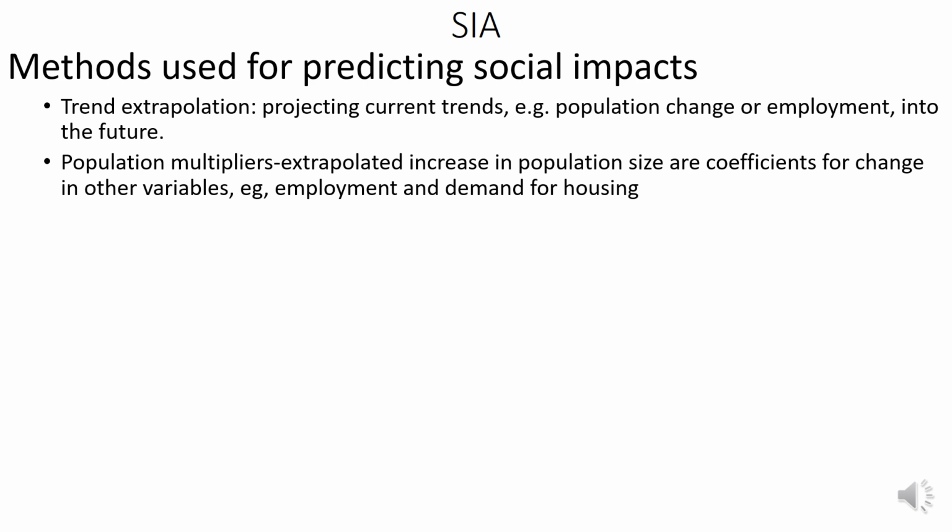And then if it creates new employment, it attracts different calibers of people into that area. You're looking at maybe the project is attracting professionals, the project is attracting other people from all walks of life. So definitely these people will require different types of housing than what has been existing in that area. So that will change. So that's how population multipliers are looked at. So you are extrapolating what one change might do to the other areas of the community activities.